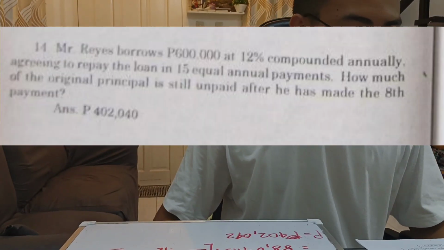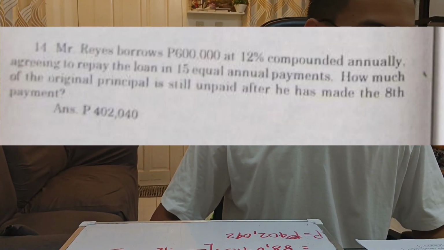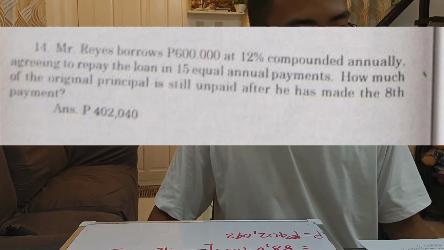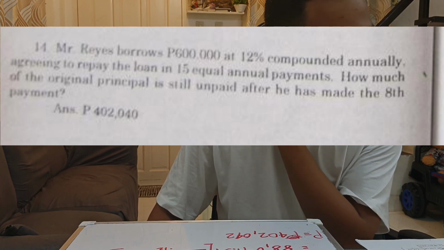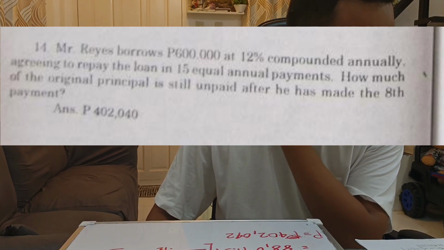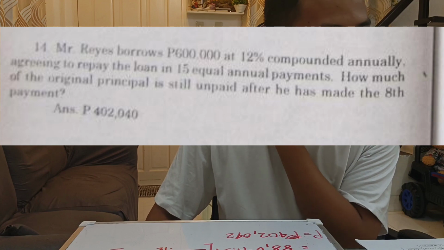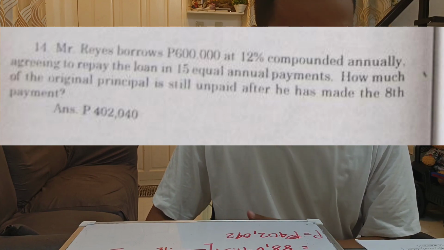Number 14. Mr. Reyes borrows 600,000 pesos at 12% compounded annually, agreeing to repay the loan in 15 equal payments. How much of the original principal is still unpaid after he has made the 8th payment?